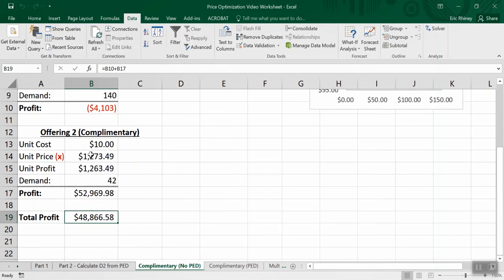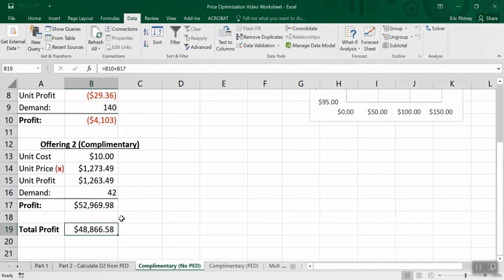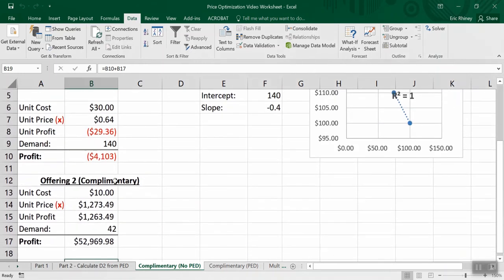I mean, really, $100 a month for a year, it's not too bad in terms of a service. So you could see how something like this might actually be the case, and we could have a result like this.